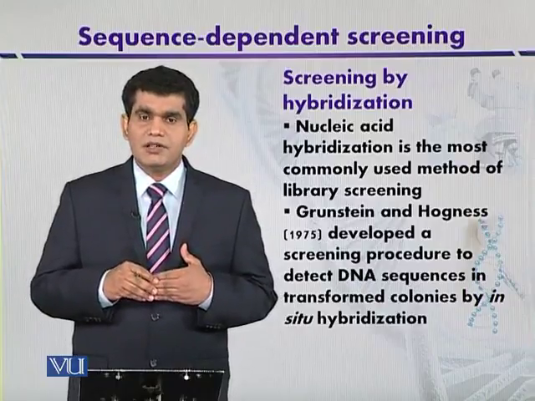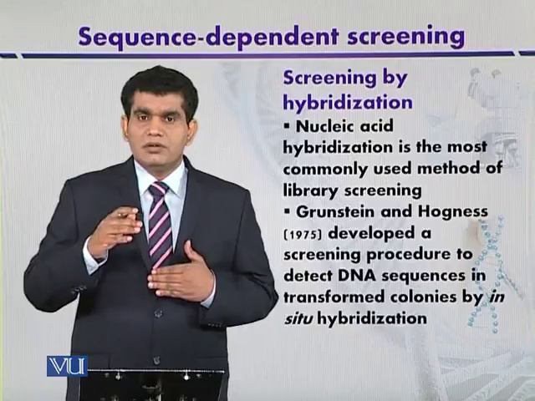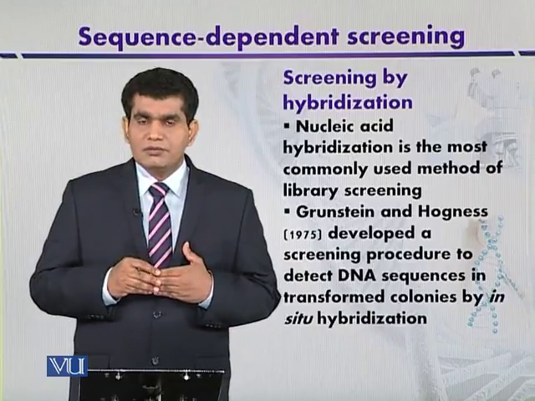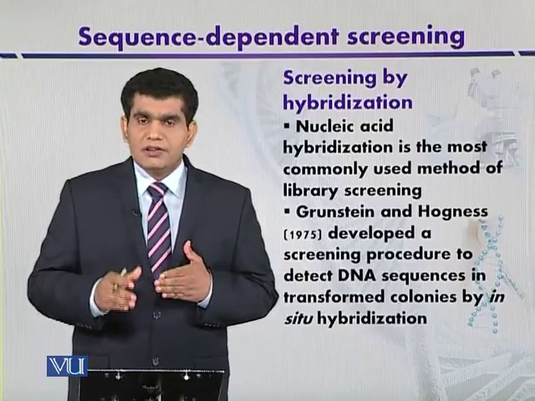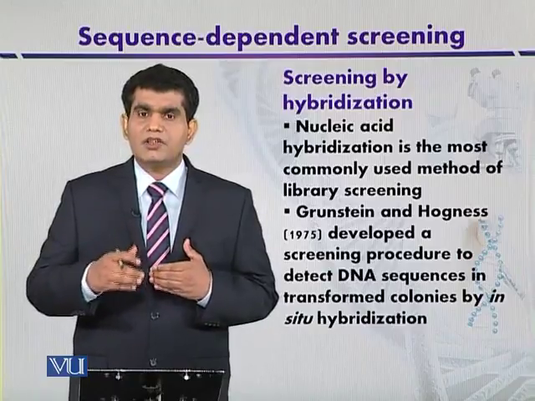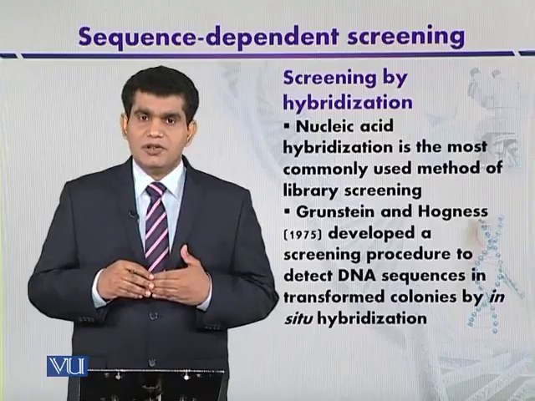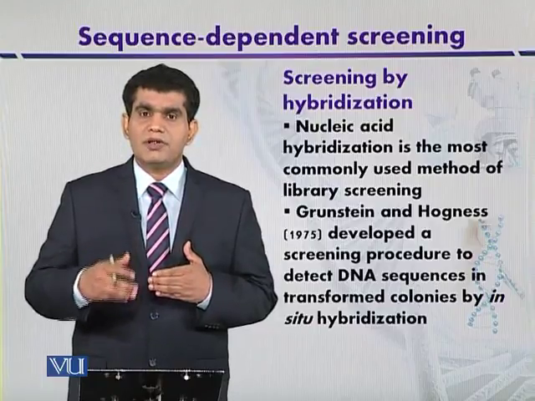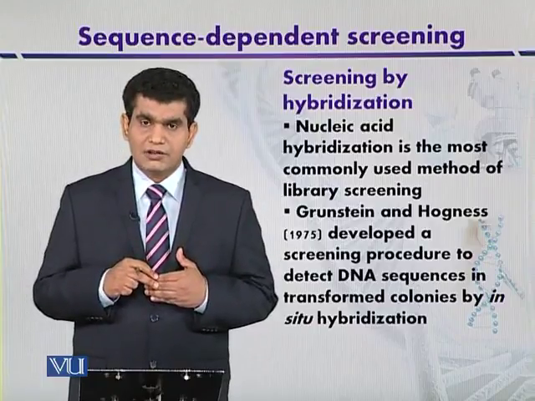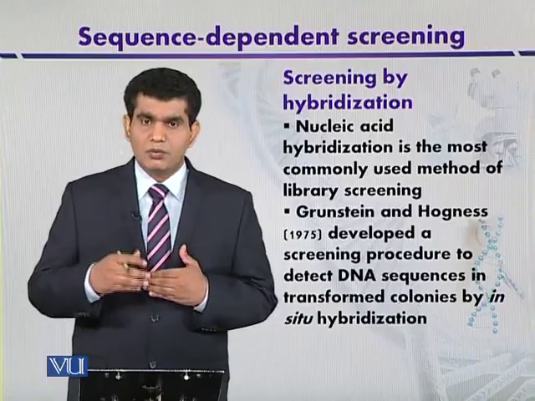Now the DNA is bound to the nitrocellulose membrane, and after that, a DNA probe that is complementary to the target DNA is used. So the nitrocellulose membrane is placed in a solution that contains our probe.